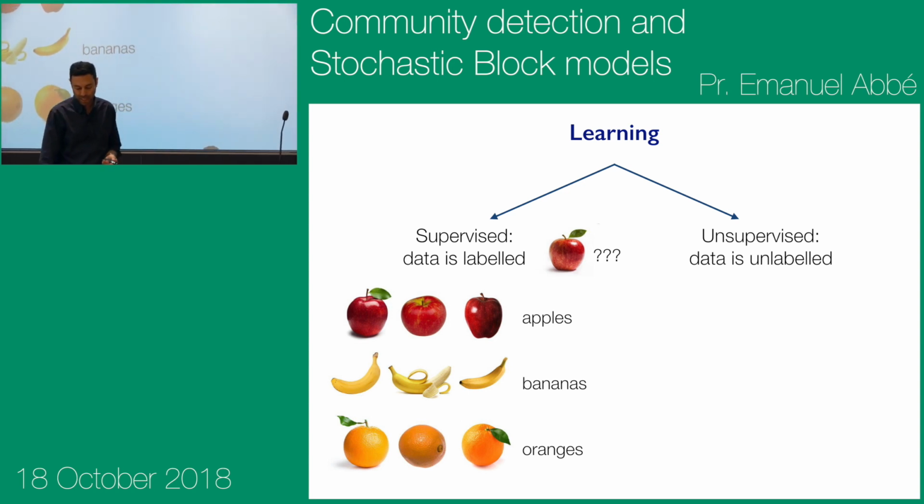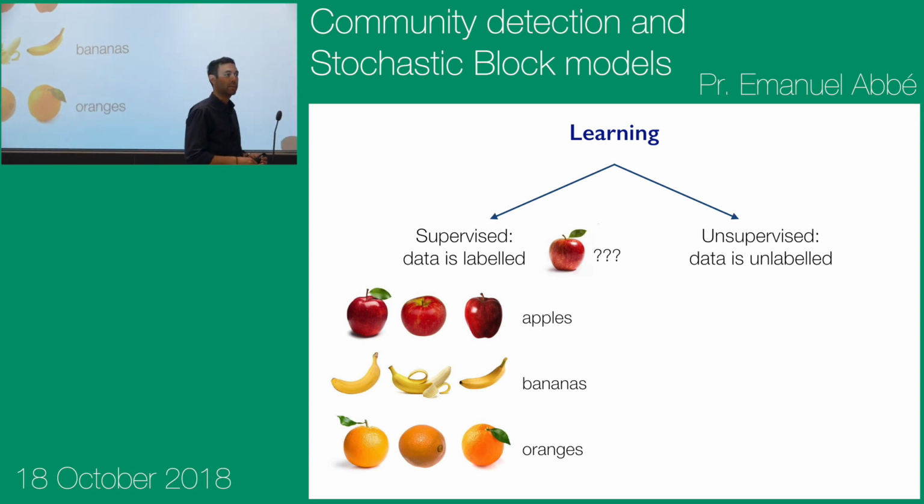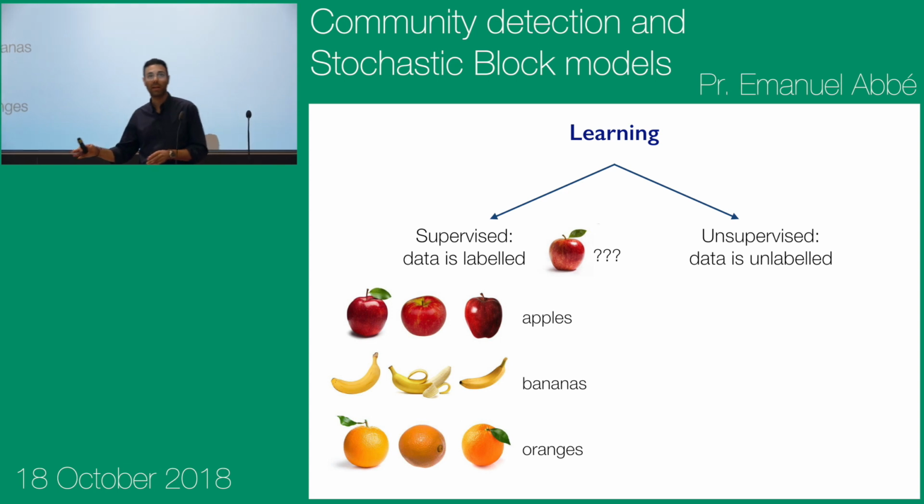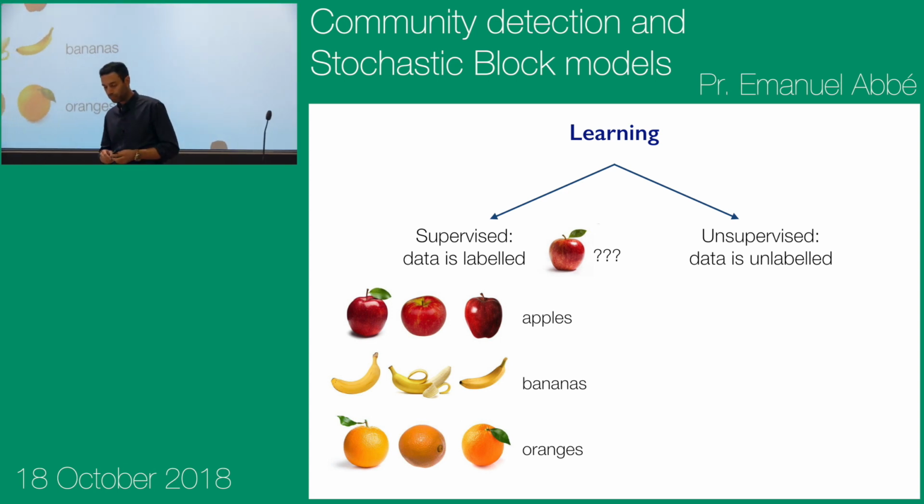So here, apples, bananas, and oranges. And then your goal is to train yourself on how to understand these categories, these classes, and come up with a method so that if I show you a new image, a new apple that you haven't seen yet, you would like to predict accurately that this is in fact an apple. So that's the supervised framework.